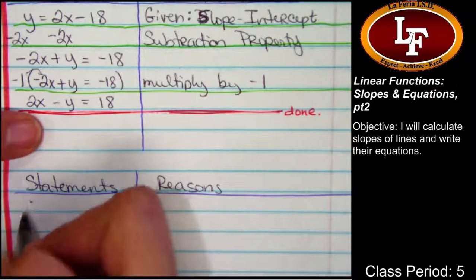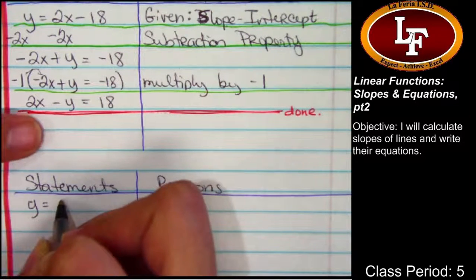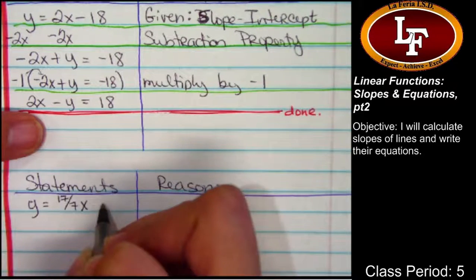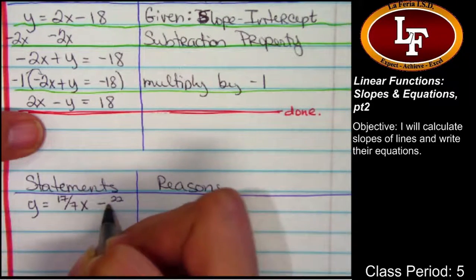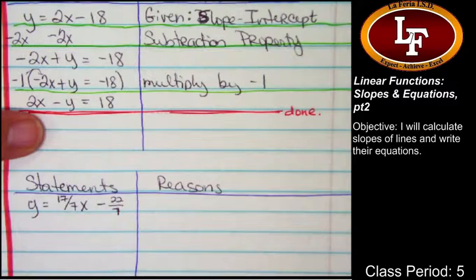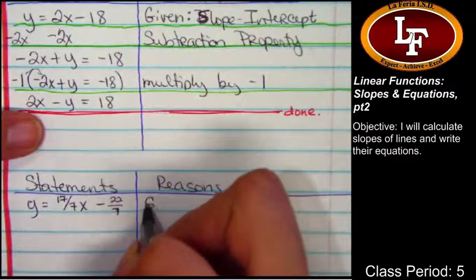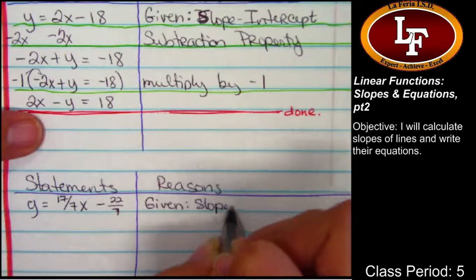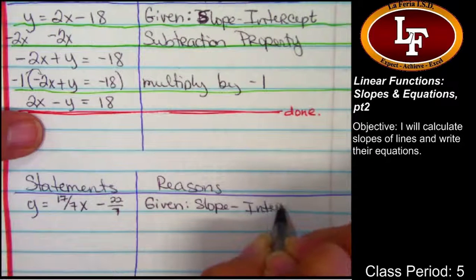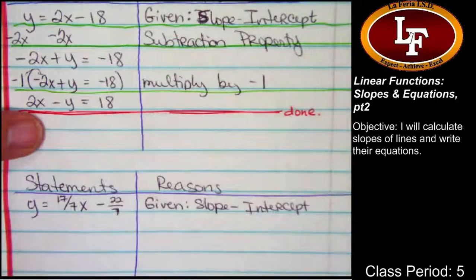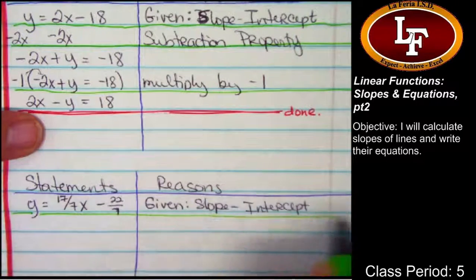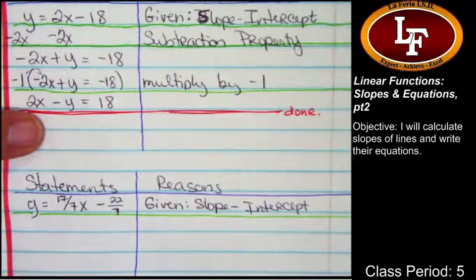Y equals 17 over 7x minus 22 over 7. It should be at the very bottom of the page, the very last equation. I found it. Okay, this is what was given from yesterday, and again, it's in slope-intercept form. On the next step, I'm going to write these fractions a little bigger because I'm having issues with it written that small.